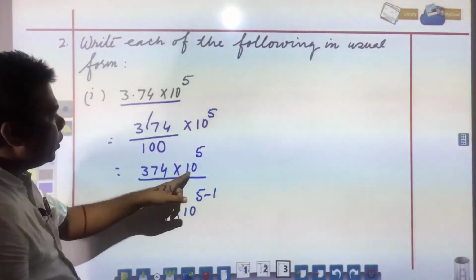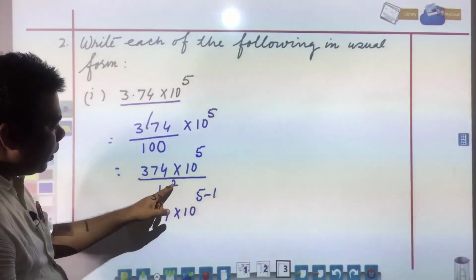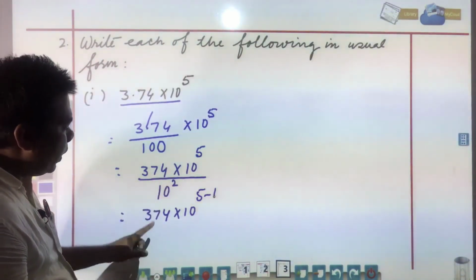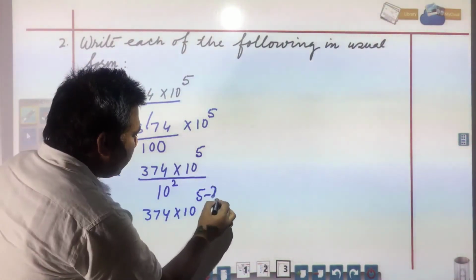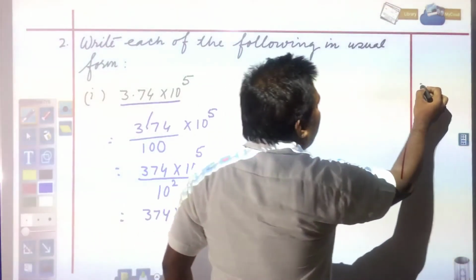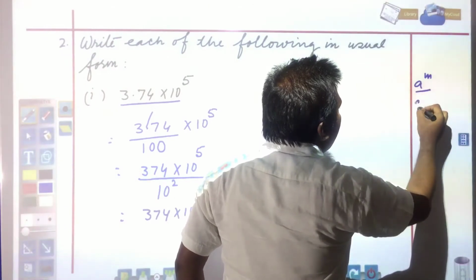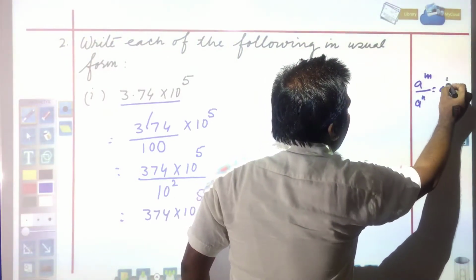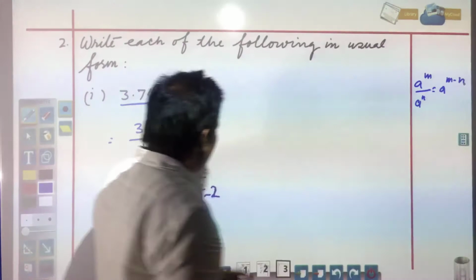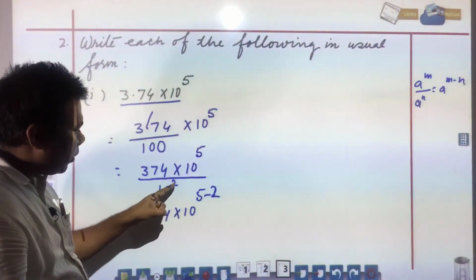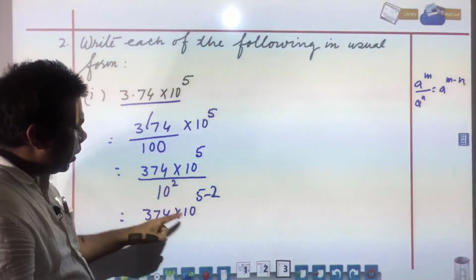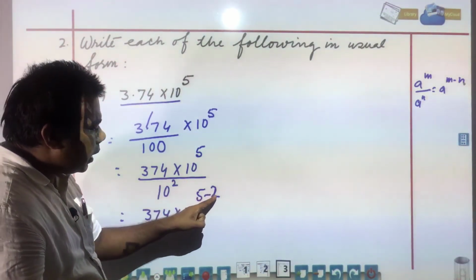So 10 to the power 5 divided by 10 to the power 2 means 10 to the power 5 minus 2. The formula you know: a to the power m divided by a to the power n is equal to a to the power m minus n. So here you had a to the power m divided by a to the power n, and that will become a to the power m minus n.